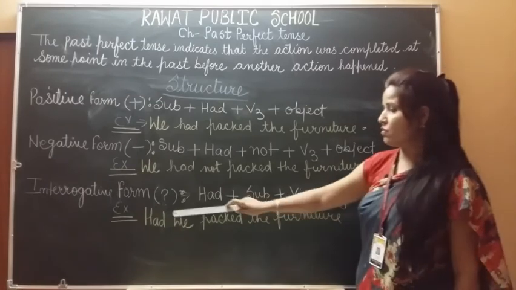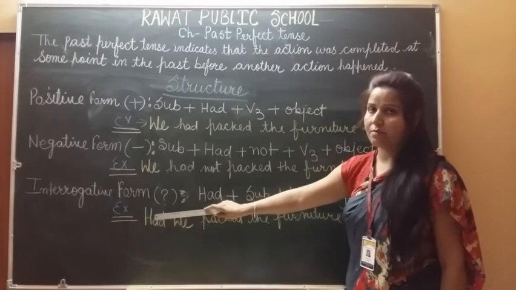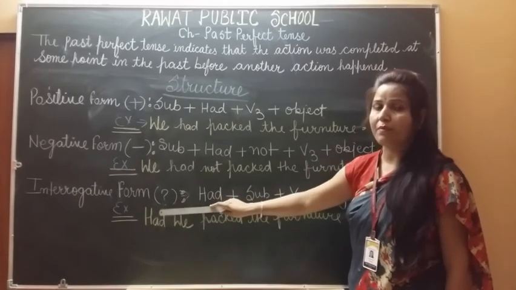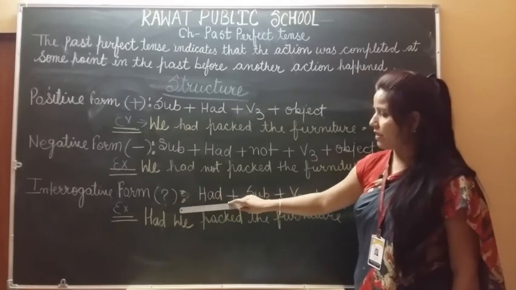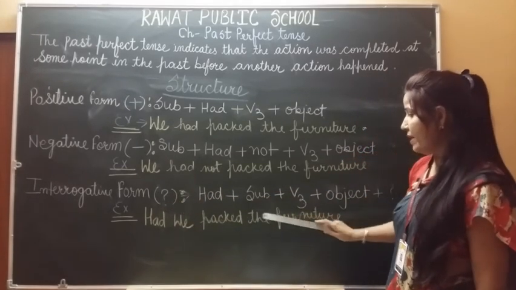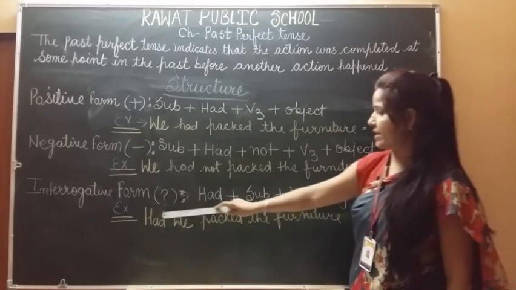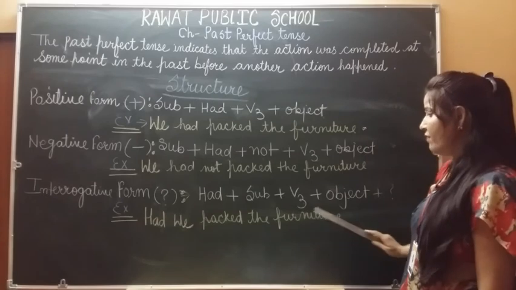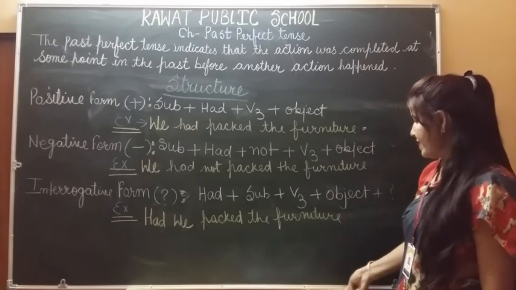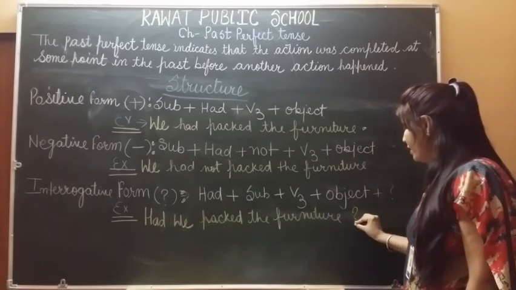So my sentence will be: had, this is my helping verb, and I will write before it the subject we, then the verb, and then an object. So the sentence will be: had we packed the furniture? and at the end of the sentence I will put a question mark.